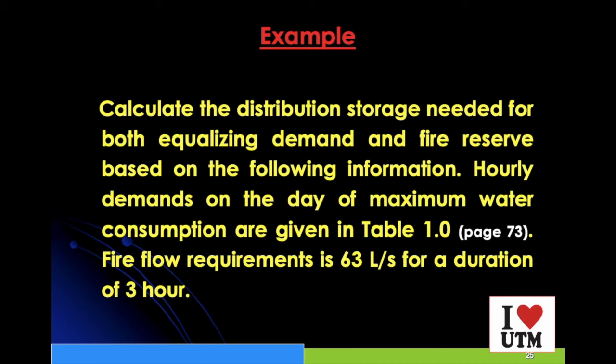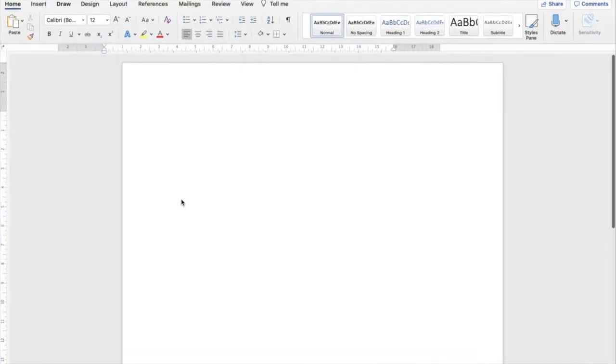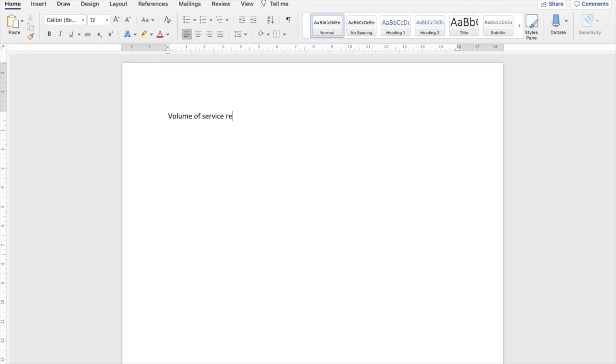So the volume of the service reservoir is equal to the volume for equalizing demand plus the volume of fire reserve.